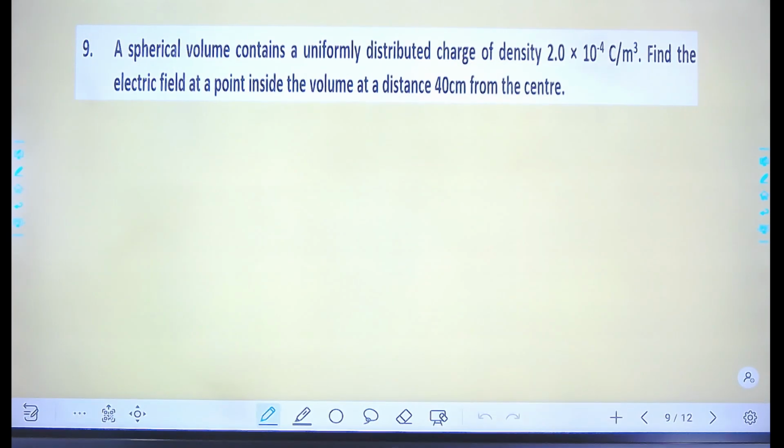A spherical volume contains uniformly distributed charge.